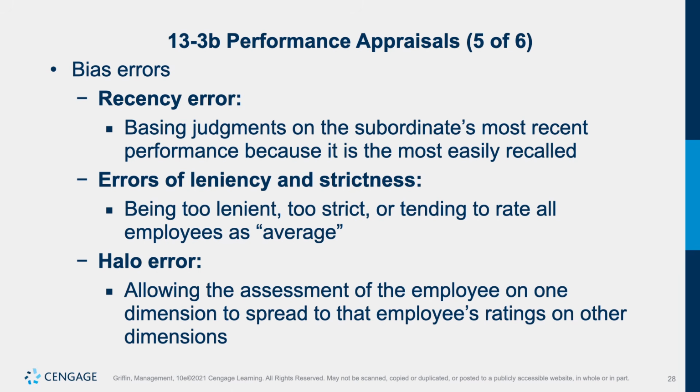Halo error is when this manager, because the employee turns out quality jobs, assesses their punctuality as highly because they are assessed high on the knowledge capabilities applied on the job, if that makes sense.